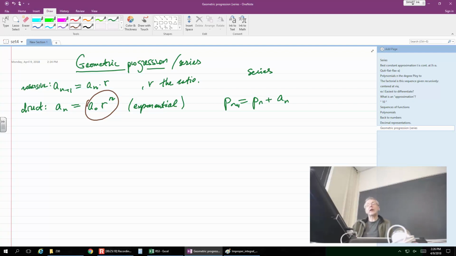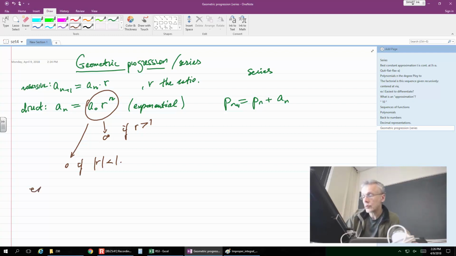Consecutive multiplication might lead you to infinity if r is larger than 1. But it can also go to 0 if the absolute value of r is less than 1. So you multiply by smaller and smaller number, and that is the example of what we just saw.